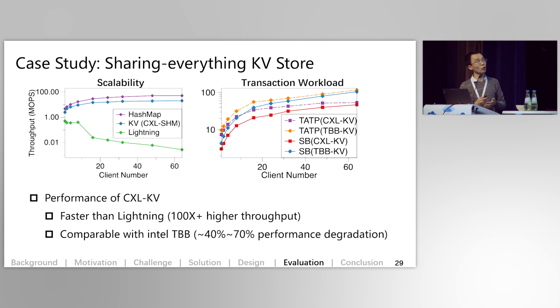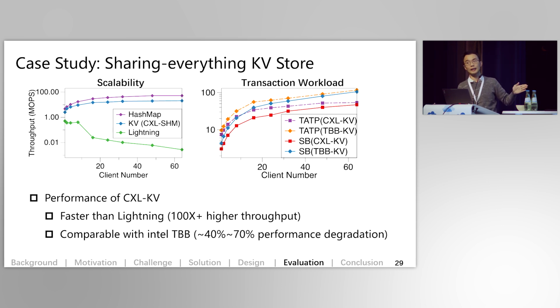We also built a distributed key-value store on top of the CXL shared memory, and we compare it with Intel TBB's concurrent hash map and Lightning. Lightning is a state-of-the-art single-machine, but multi-process key-value store that is also based on shared memory. As you can see in this figure, the performance of CXL shared memory is much higher than Lightning, because Lightning is still based on locks, and we just use a non-blocking algorithm.